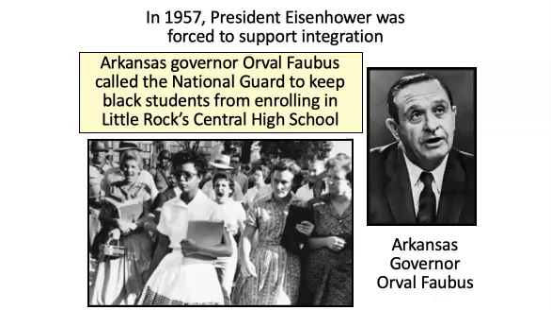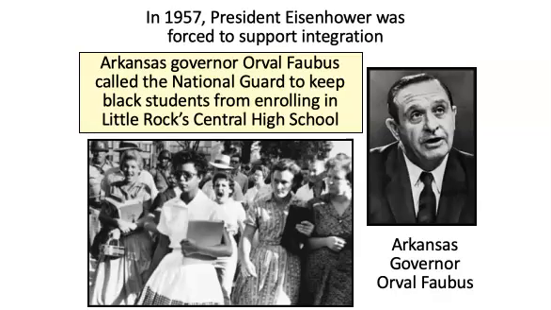So Eisenhower calls up Orville Faubus and tells him he needs to let the kids go to school. And Orville Faubus makes the mistake of telling Eisenhower no. Now, Eisenhower, 5-star general, was the commander of hundreds of thousands, millions of soldiers during World War II. He's not a man you say no to.